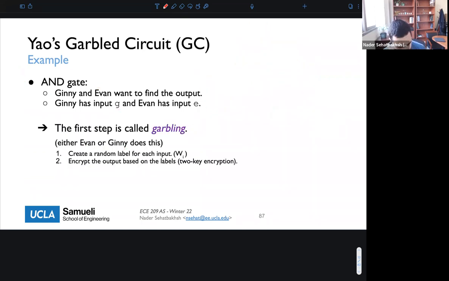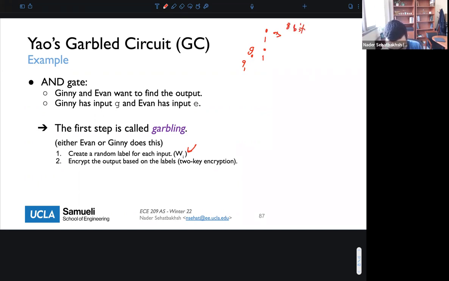So what we do is create random labels for these inputs. We don't say G0 or G1. What we do is say that this is basically a random input. So let's say, for example, for any bit, 1 or 0, we create an 8-bit random number, right?